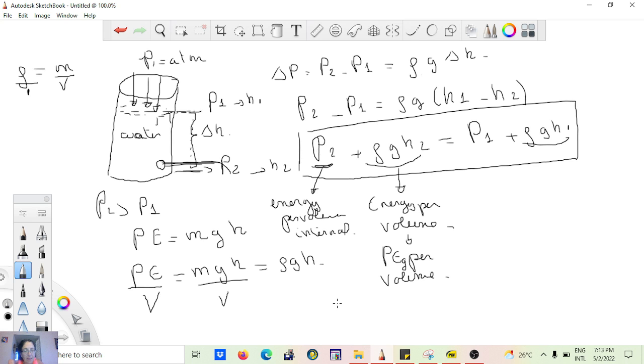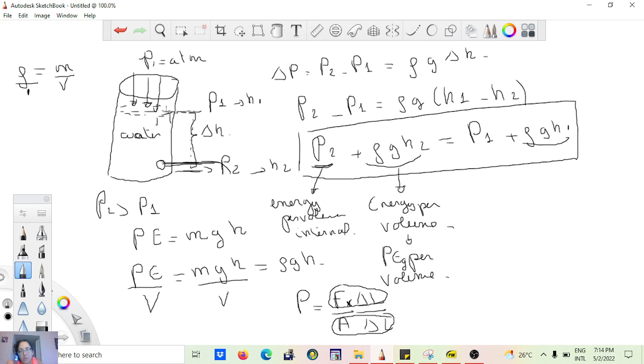If you want to convince yourself that it has the unit of energy per volume, remember that pressure is a force per unit area. If you multiply the top and the bottom by a distance, say delta L, you see that's the dimension of work, which is energy, over the dimension of volume.